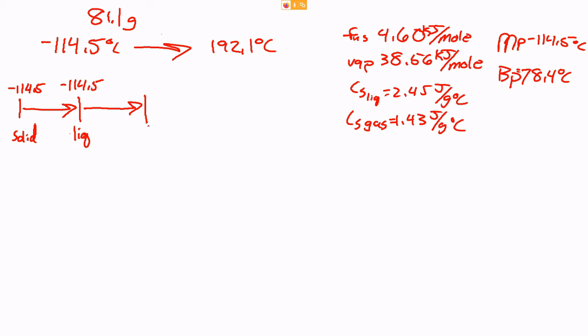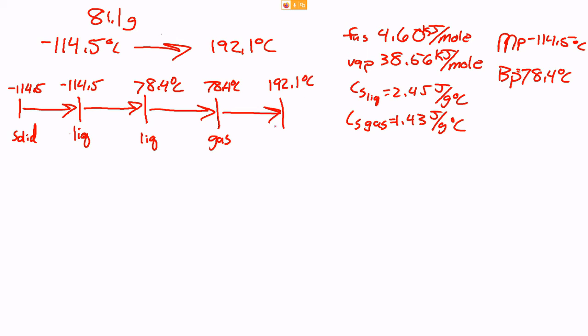Then we're going to heat it up some more until we reach the boiling point, which is 78.4 degrees C. At this point it's still liquid, but at 78.4 we're going to add some more energy in to convert it into a gas. Then we'll be at 78.4 degrees C and add in more energy until we hit the final temperature, which was 182.1 degrees C, where it'll still be in the gas phase.